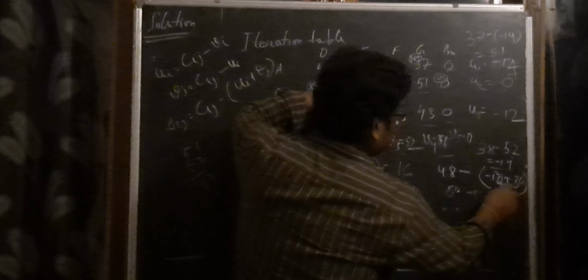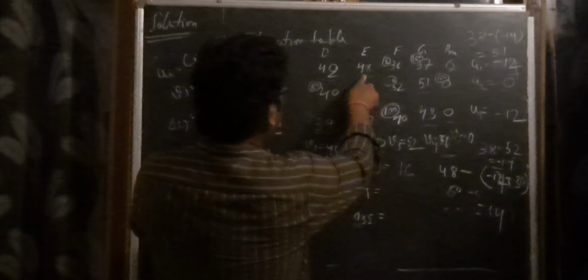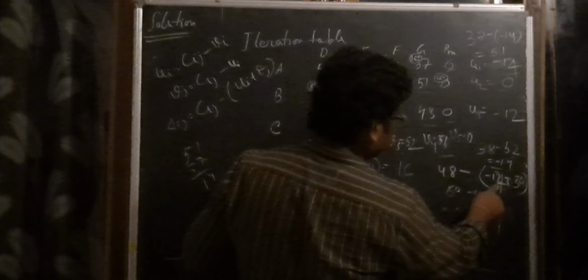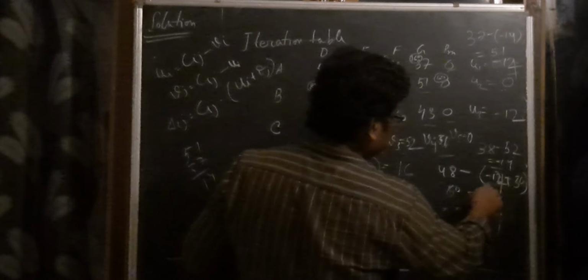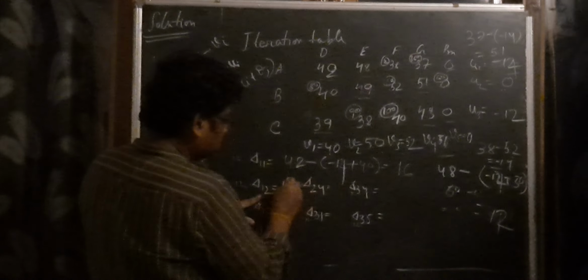And now del 12, that is 48 minus minus 14 plus 50, so 62, so del 12 is 12.